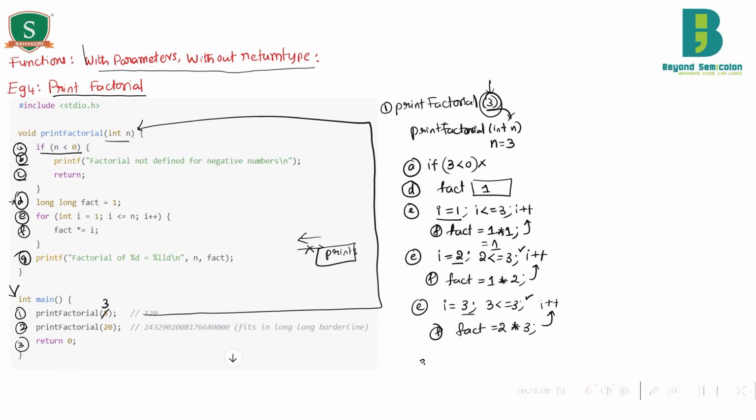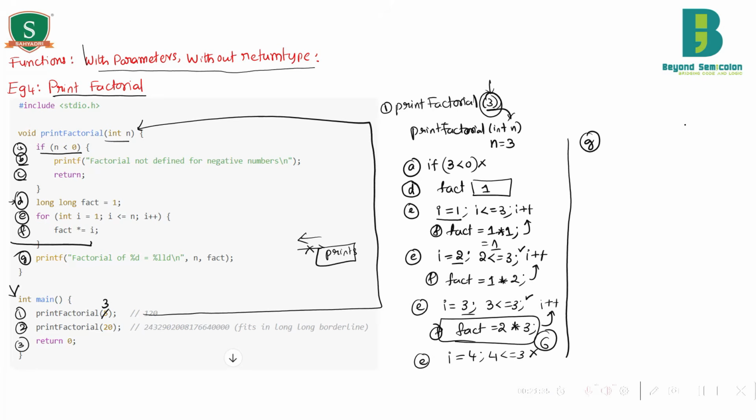That means E statement gets executed again, I is equal to 4, less than or equal to 3, the condition fails. The moment the condition fails, it goes to the G statement where it prints the factorial, the fact value. The fact value keeps updating. The final fact value that we are having is 6. It prints factorial of 3 is 6.